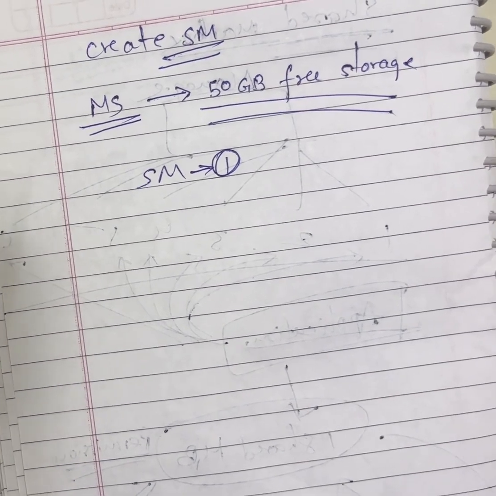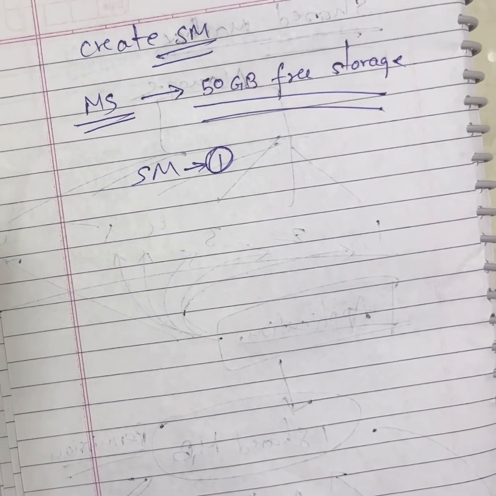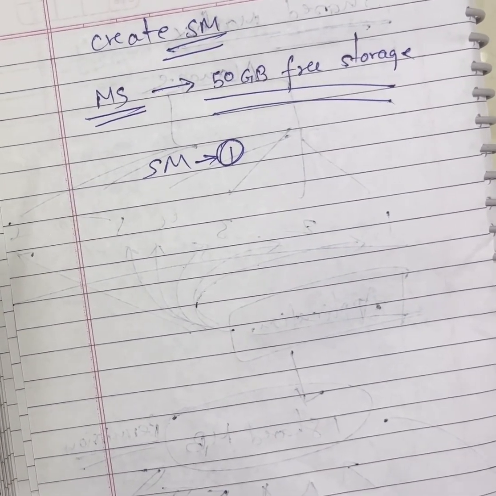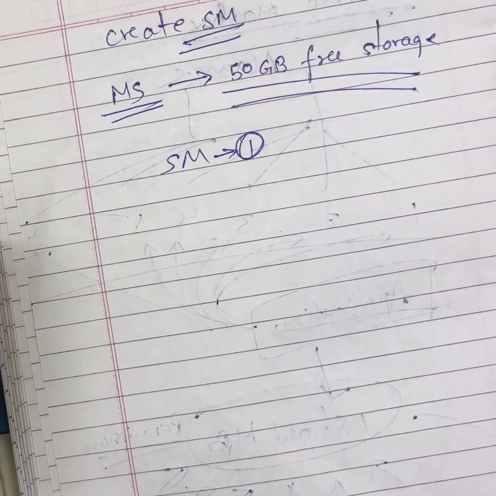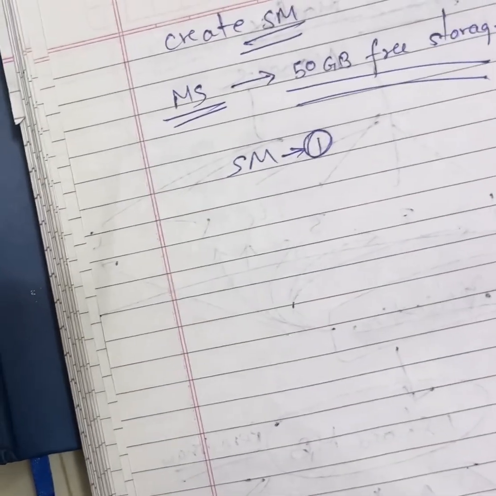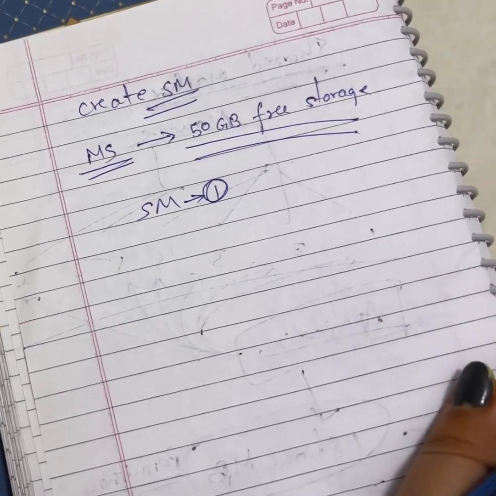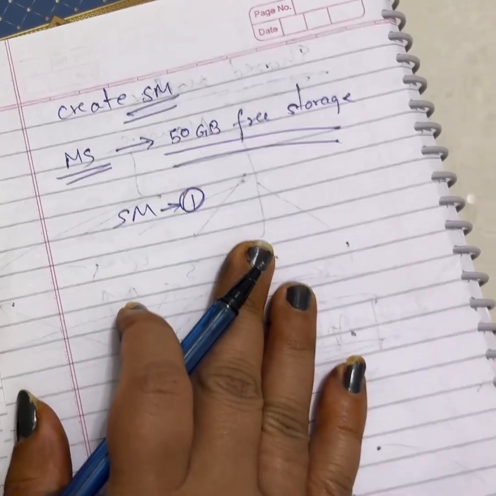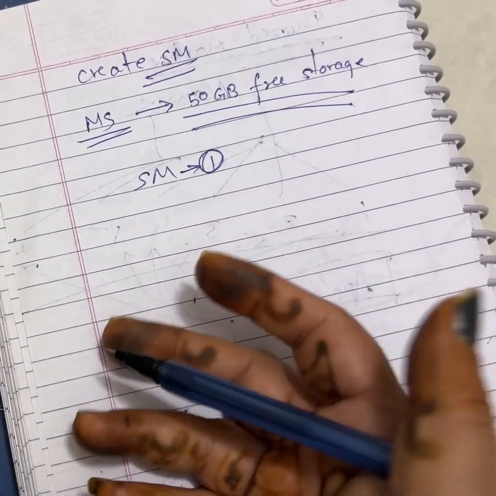Once the 50 GB free storage is reached, how will I increase the mailbox to 100 GB, or how can I enable the online archive feature for this mailbox? We'll cover it in the next video, but I need your suggestions or whatever understanding you have.